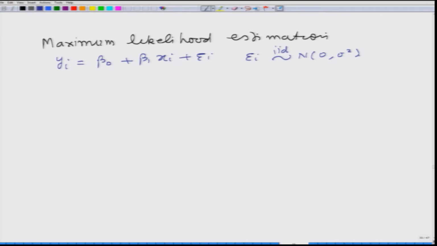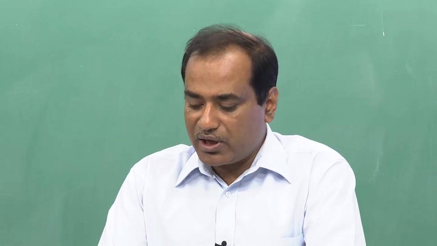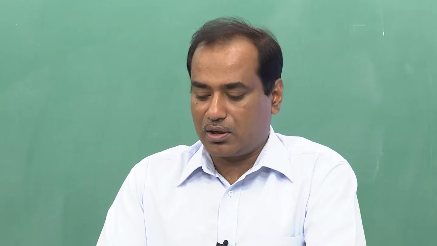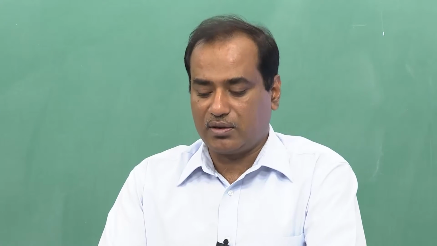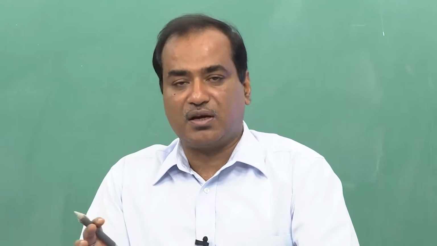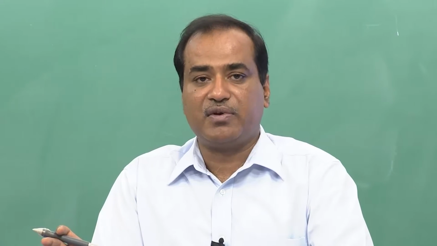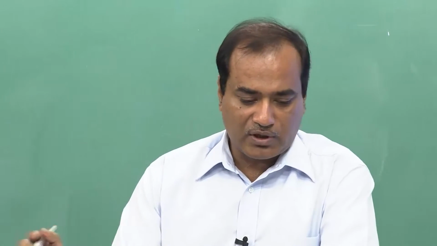So, what is a likelihood function? Likelihood function is nothing but the joint probability density function of all the random variables. Here we have the random variable epsilon, and the joint probability density function of epsilon 1, epsilon 2, up to epsilon n will be the likelihood function of epsilons.